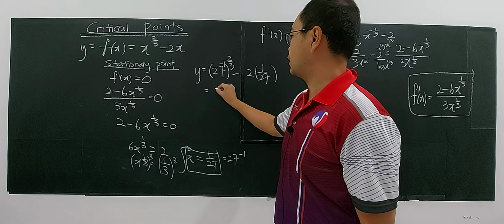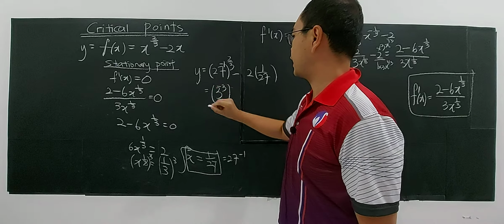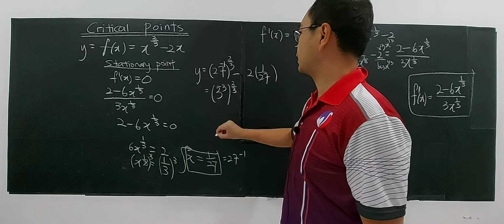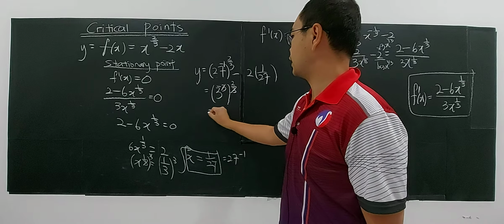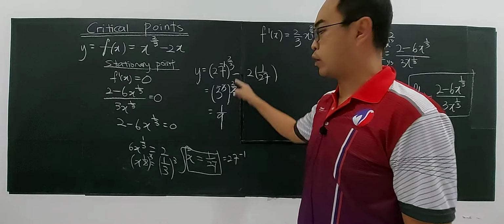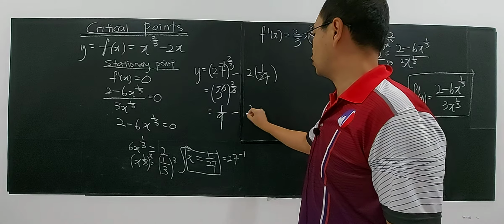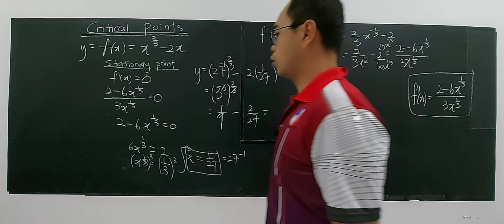As I know, 27 is 3 to the power of 3. So 27 to the power of negative 2 over 3 cancels out, and you will have 1 over 9, since 3 to the power of negative 2 is 1 over 3 squared. So 1 over 9 minus 2 over 27.